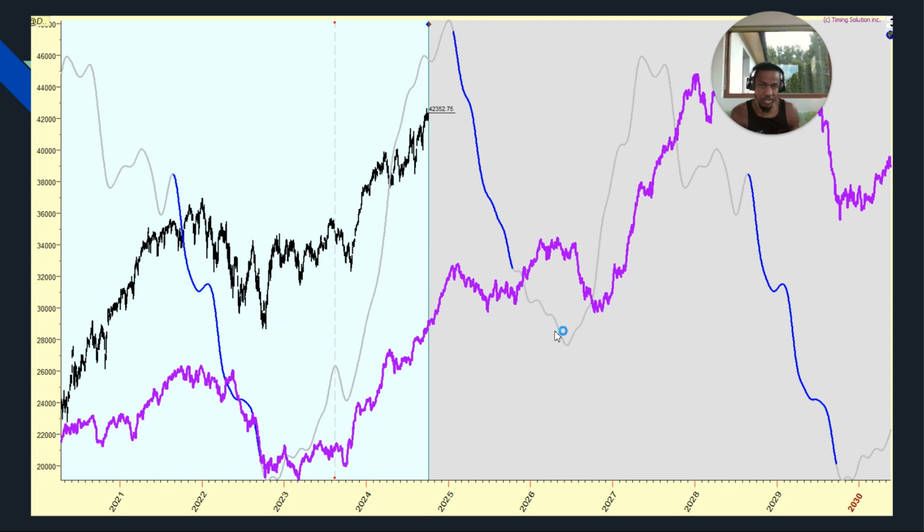Of course, it could be a sharper pullback, but some sort of consolidation, some sort of slowdown, some sort of correction. And then a resumption of the bull market up until some other peak, who knows when, later this decade, but then a pretty tough end to the decade, right?